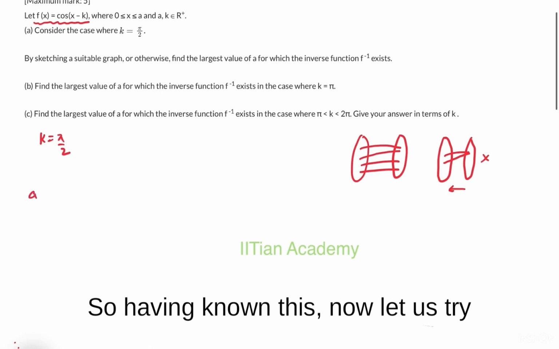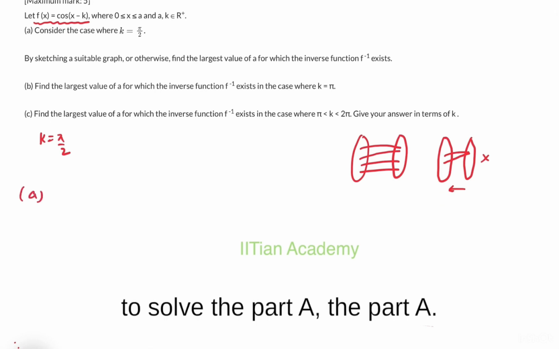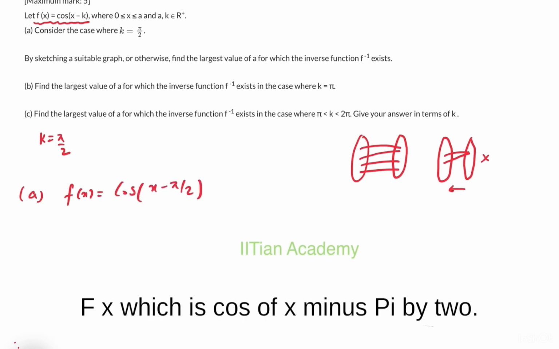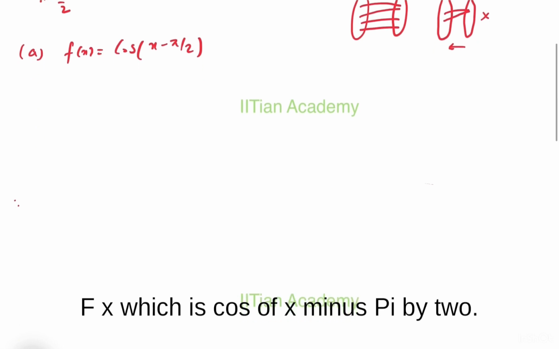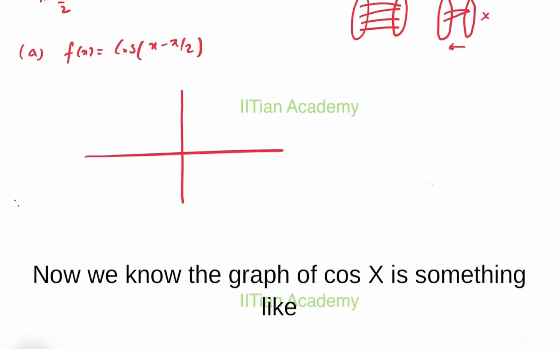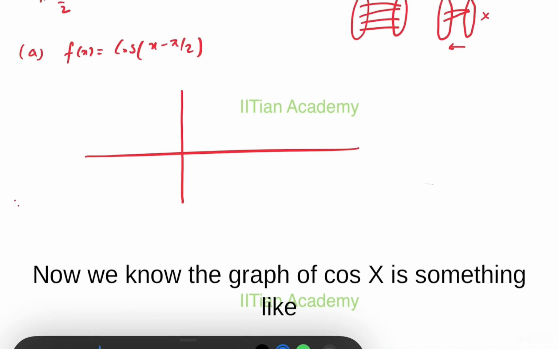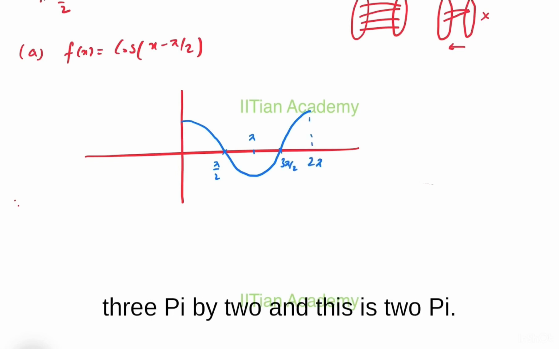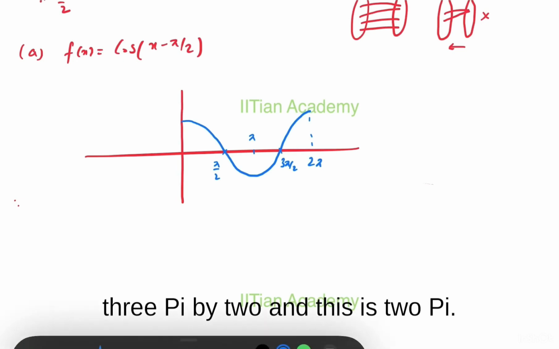So having known this, now let us try to solve part A. In part A, since k equals pi by 2, we are given f(x) = cos(x − pi by 2). Now we know the graph of cos x is something like this. This is pi by 2, this is pi, this is 3 pi by 2, and this is 2 pi.